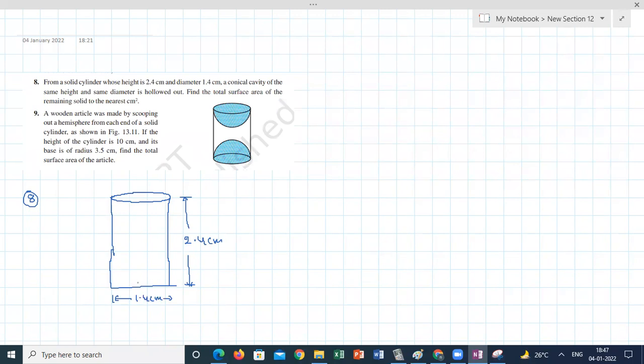And what they did, a conical cavity of the same height and same diameter. So they removed the conical cavity, like this. This part they removed. Now it is looking like this.